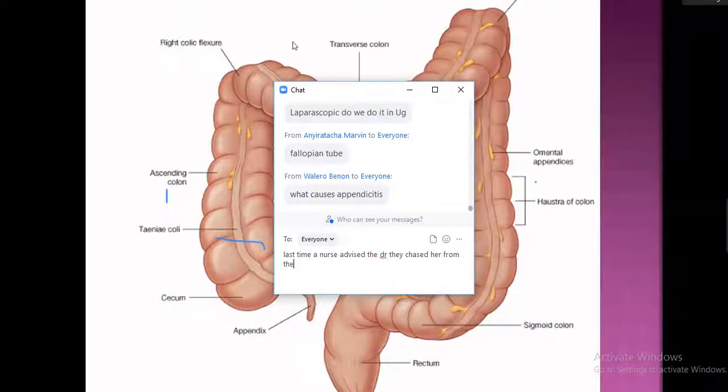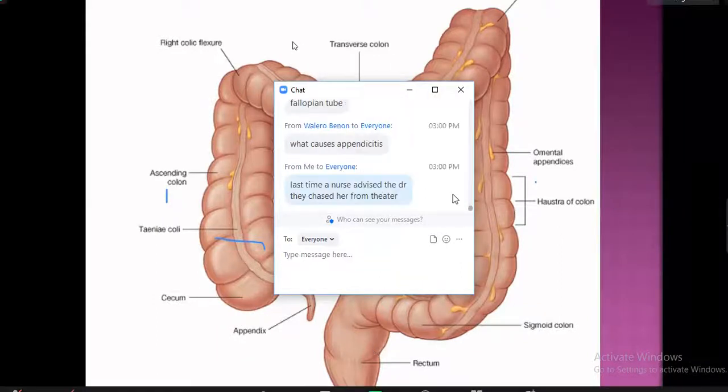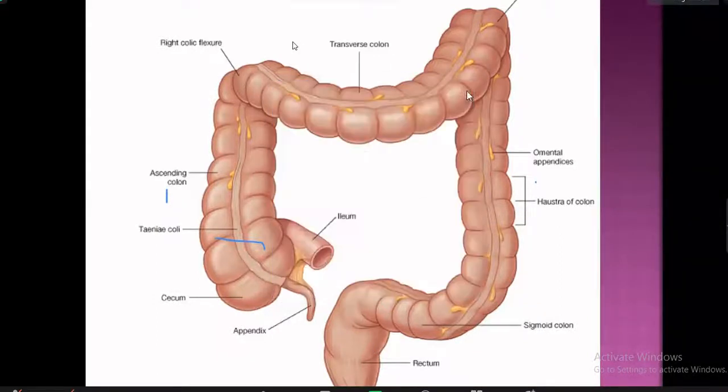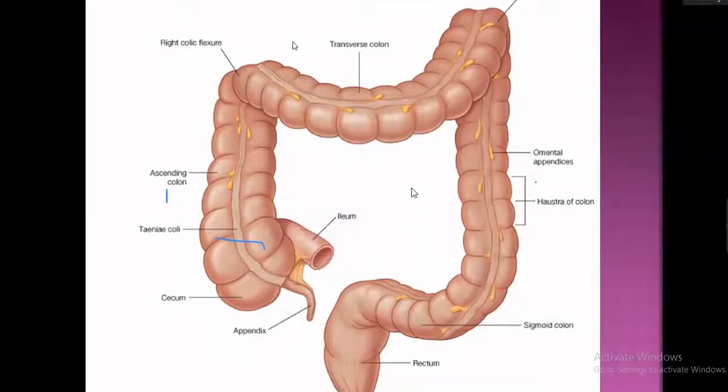So Marvin doesn't know what a fallopian tube is. Yes, the last time a nurse advised the doctor they chased her, it is true, but you may find the doctor just embarrassed to accept that he was doing a mistake and the nurse could have been right and he didn't want to swallow.